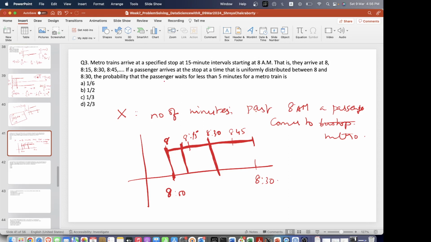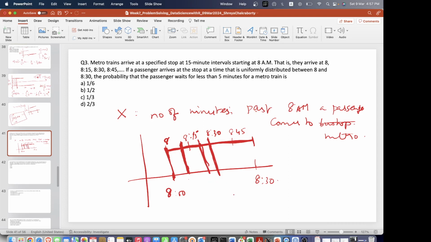The question is the probability the passenger waits for less than 5 minutes for a train. So the probability that she waits for less than 5 minutes is that he arrives either at 8:10 or he arrives somewhere between 8:25 to 8:30.